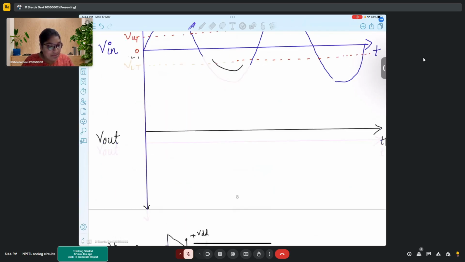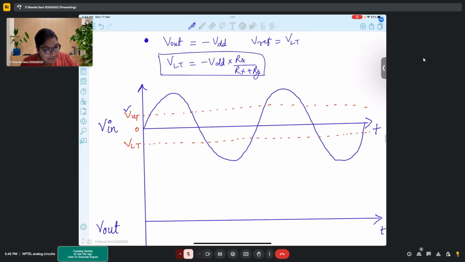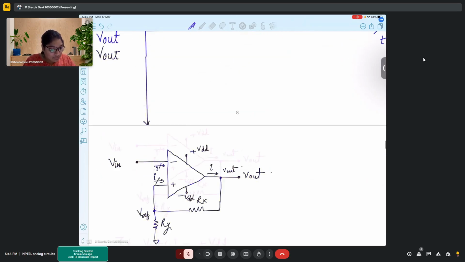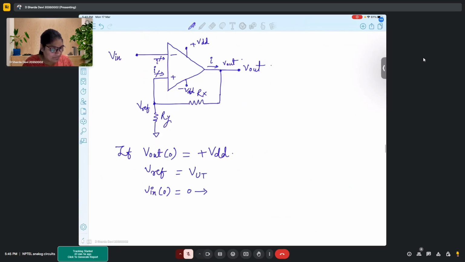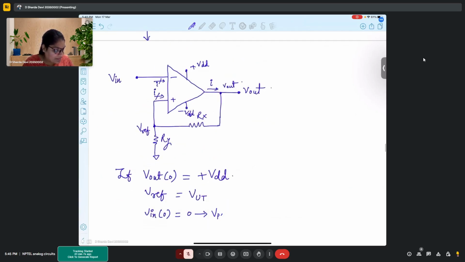So this particular reference for now is activated. Now my input is coming. So V in at 0 is 0, and it is increasing till, say, V peak, and then it will come down as in the sine wave.